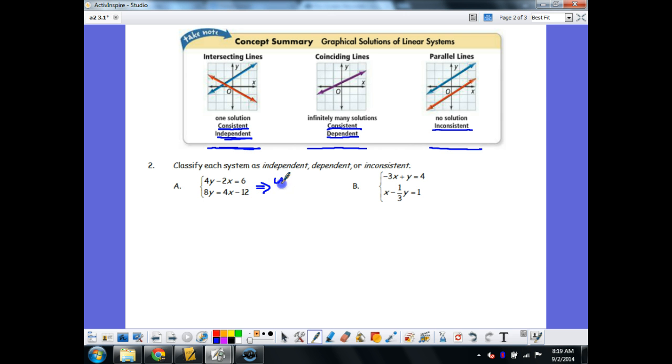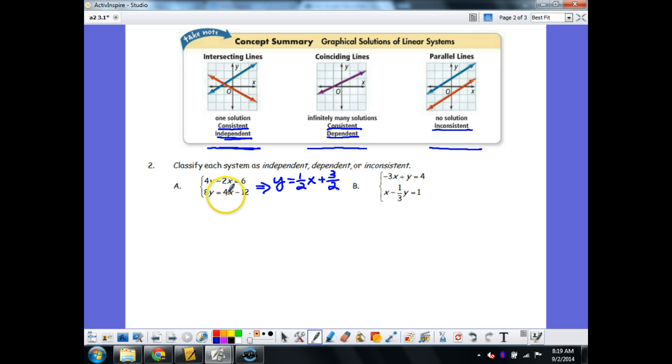Now the top one, if I were to solve for y, I would add the 2x and then divide everything by 4. I'm not going to go through the work now, this is something you could do. 2 over 4 becomes 1/2 x, and then 6 over 4 becomes 3/2.